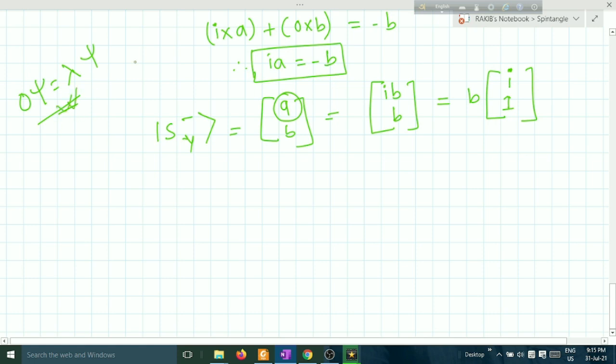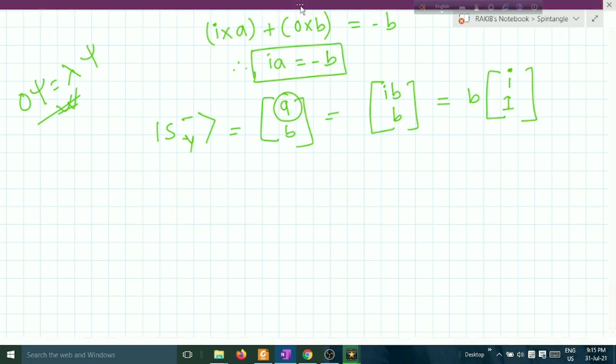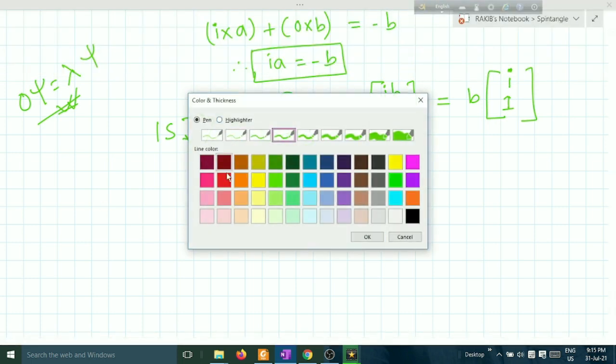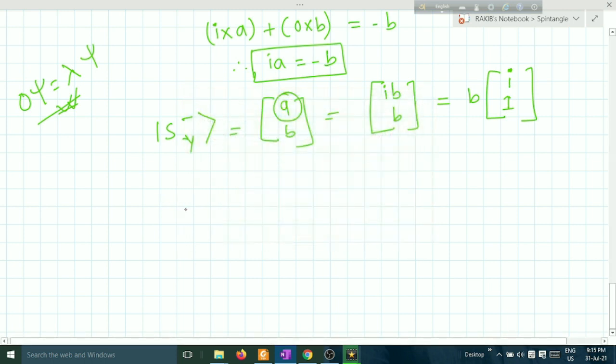This is the state. Now what is the state? The state becomes, let me write it, psi minus, this is the state, equals b into i into 1.